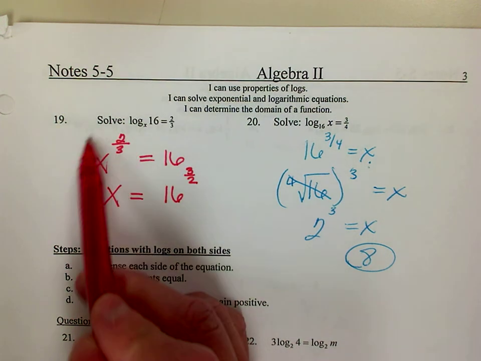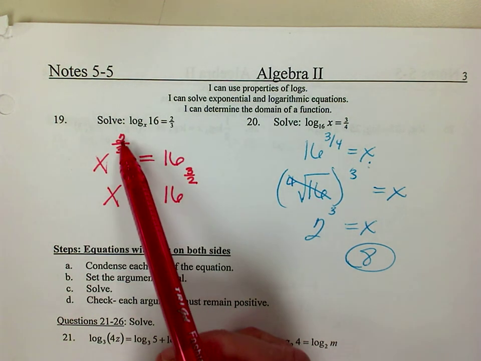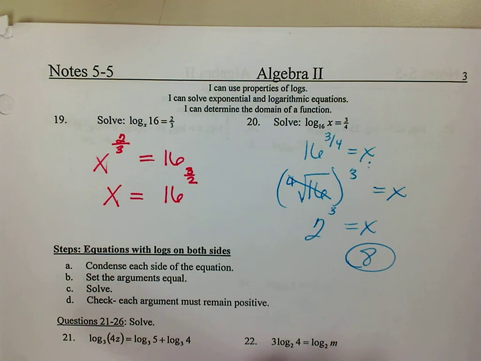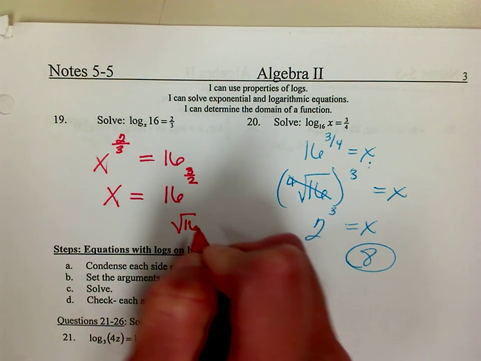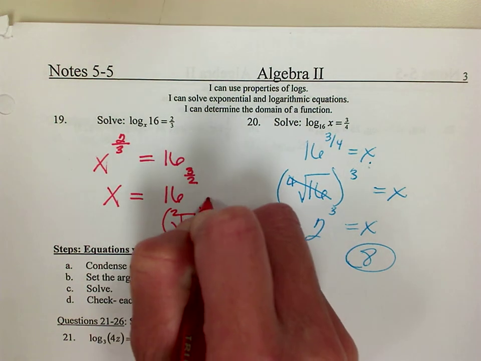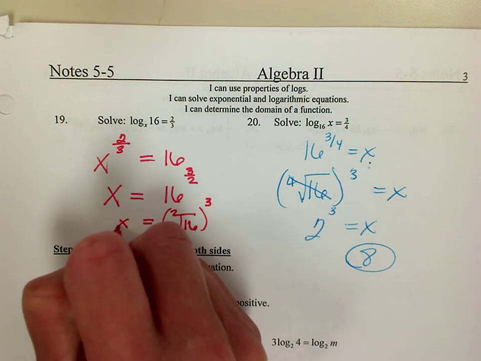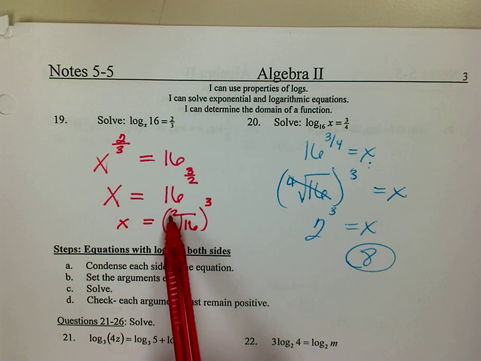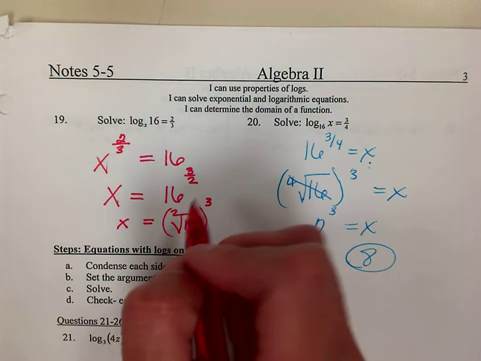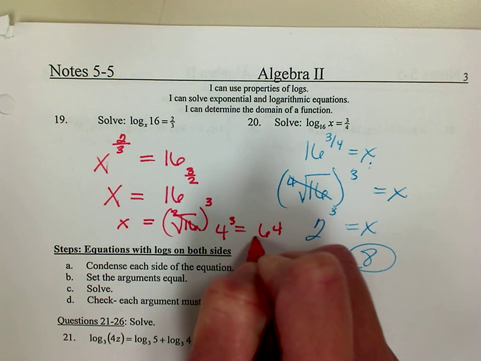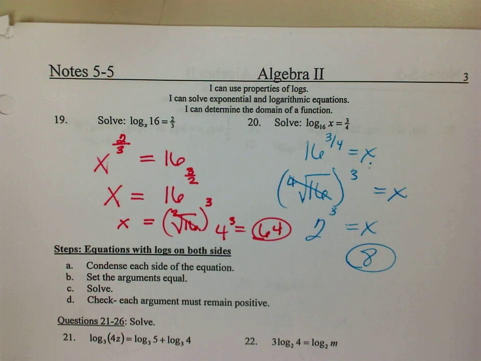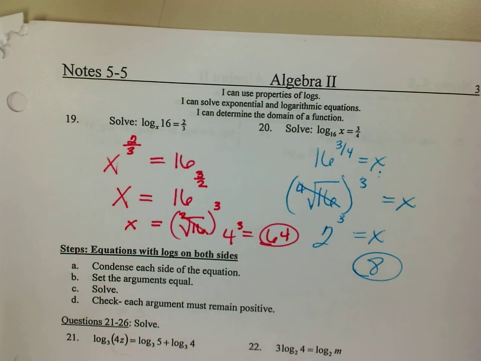If you can't figure this out just by looking at it, you can move your exponent over to here by just doing the reciprocal. And then you want to rewrite it because it's easier to figure out if it's in radical form, probably. All right, so the square root of 16 is 4, and then 4 cubed is 64. Okay. All right, so that takes care of those.